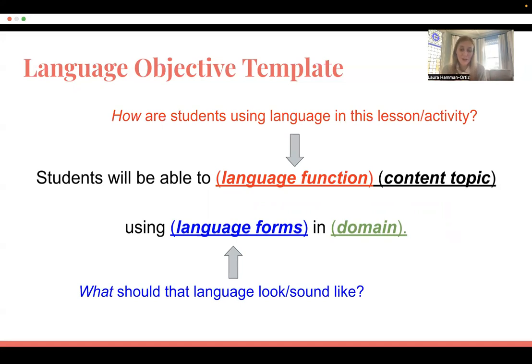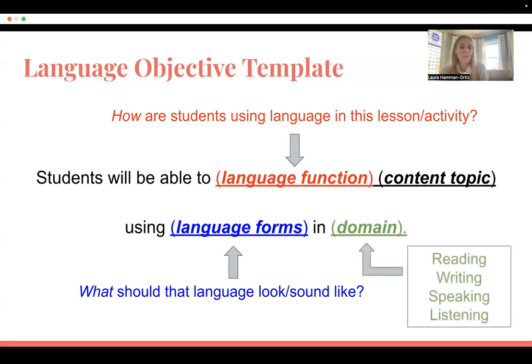So it could be vocabulary, but also could be certain types of words like transition words. It could be explanatory language, comparative language. It could be learning the narrative structure. Whatever aspect of language you want to focus on goes under language forms. And then in domain. So is it happening in reading, in speaking, in writing, or in listening?